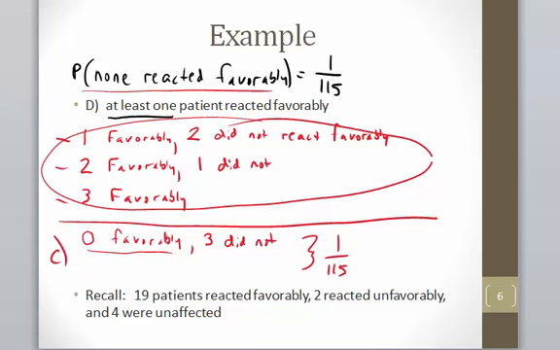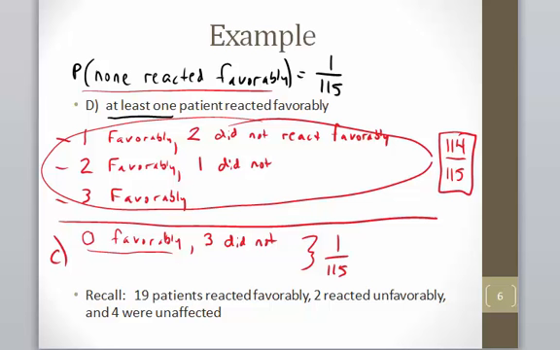And so if this is 1 over 115, then this up here as a total had to have been 114 over 115. Because again, we need this probability and this probability together to represent the whole, which is equal to 1. And so our final answer on this would be 114 over 115.